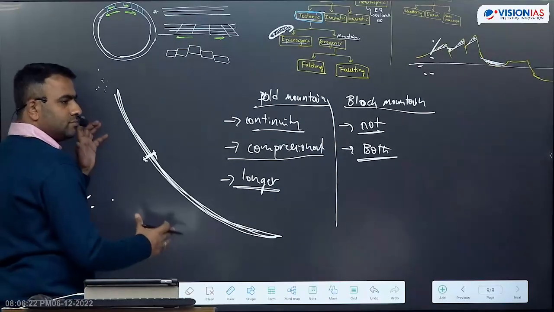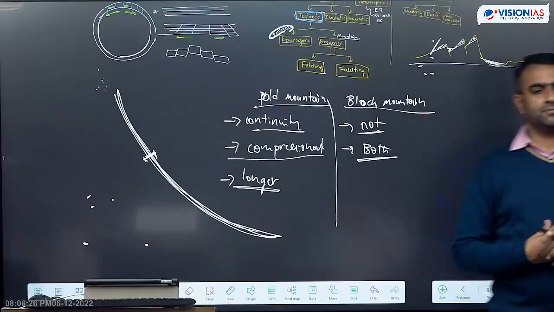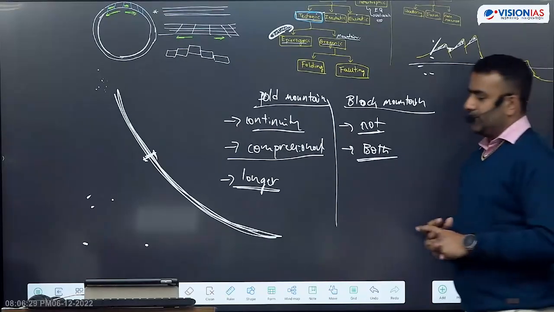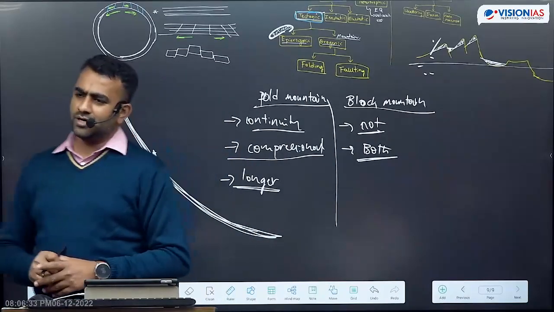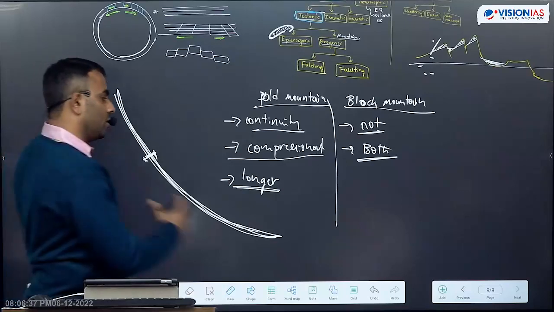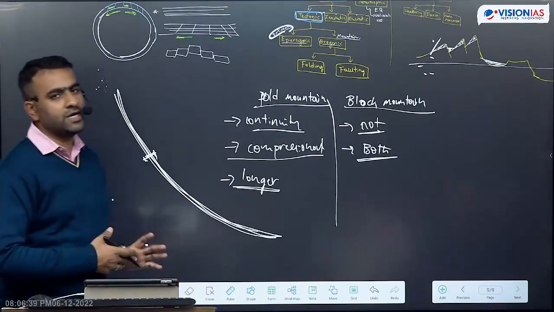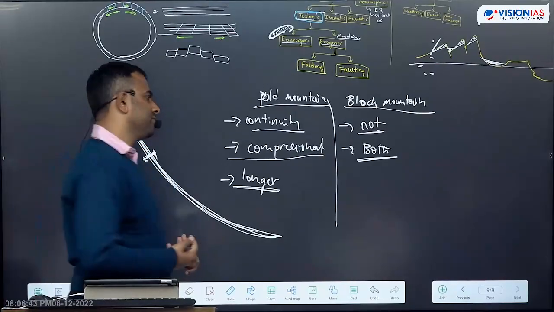Himalayas also, Himalayas stretch for nearly 3000 kilometers. But if you see the width of it, around 300 kilometers. 300, 400, 500 maximum. So they are longer in length, shorter in width.